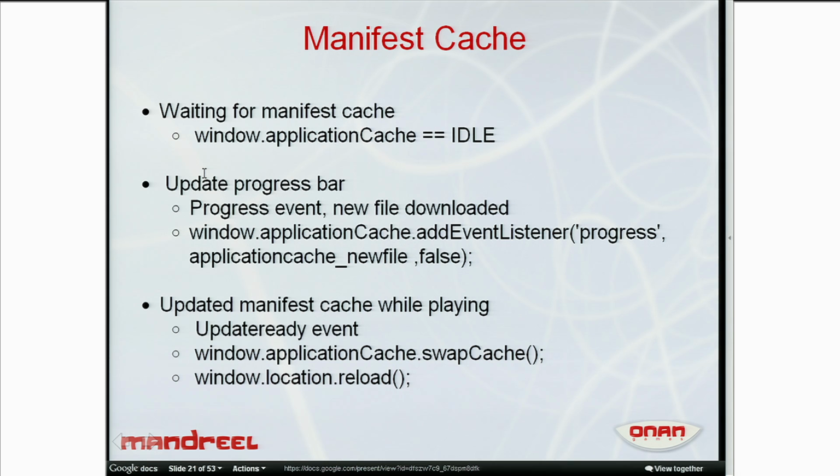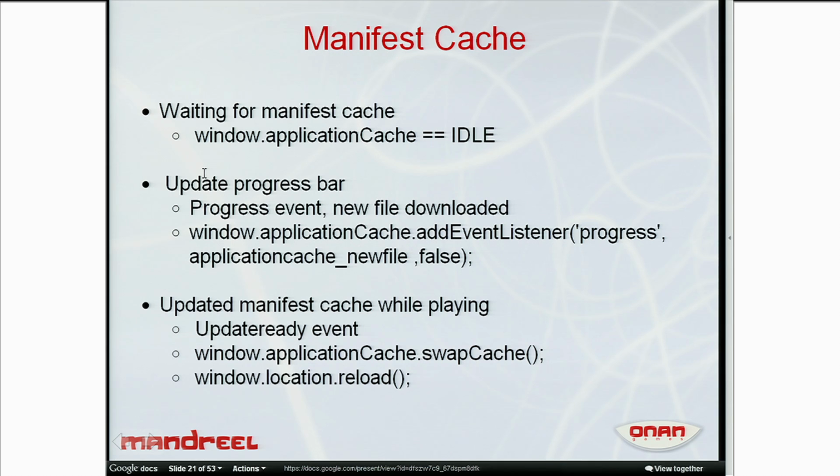How did we do it with the manifest cache? We waited for the manifest cache to finish, so we knew that everything was in the cache. We had a problem with that, a lot of complaints from the users, because some of the games had to download 300 megabytes, and you had to wait for all 300 megabytes to download.